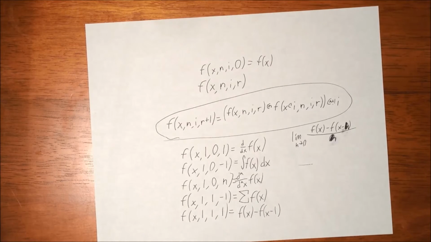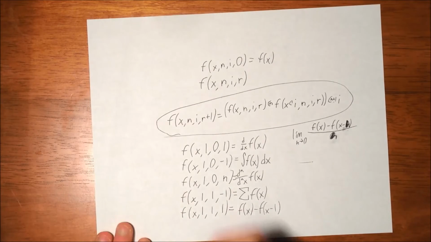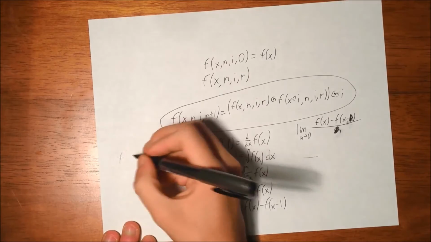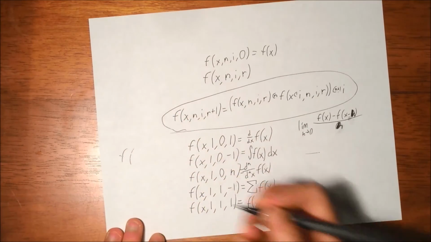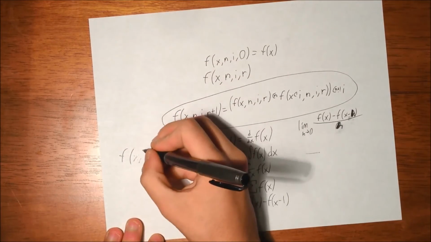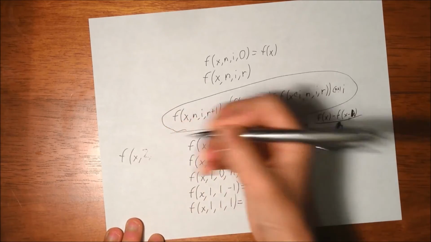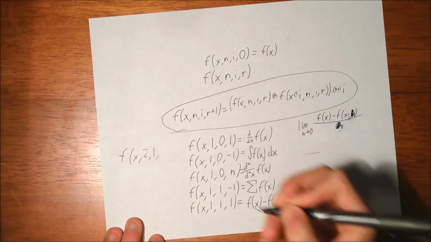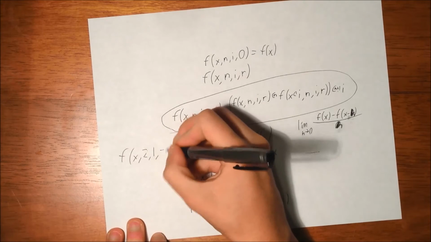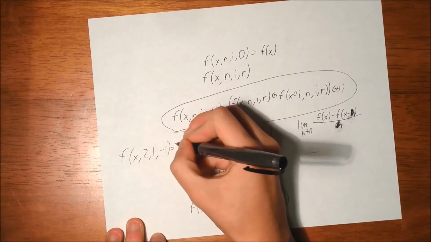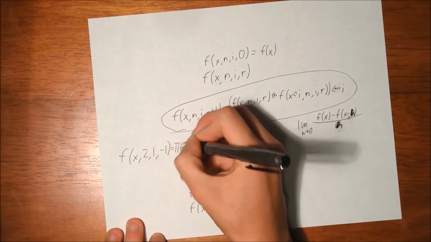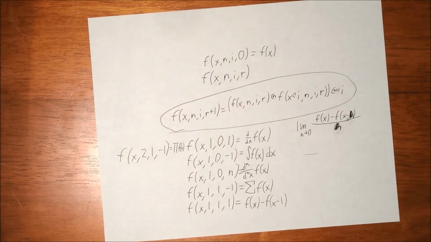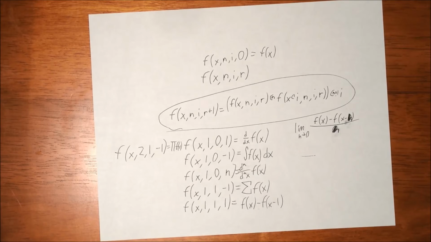But all of these have a grade of 1. It can have a grade higher than that. So, grade of 2, interval of 1, and repetitions of negative 1, that is equal to the capital pi of f of x. Now, capital pi is like sigma, except instead of adding all the numbers together, you're multiplying all the numbers together.